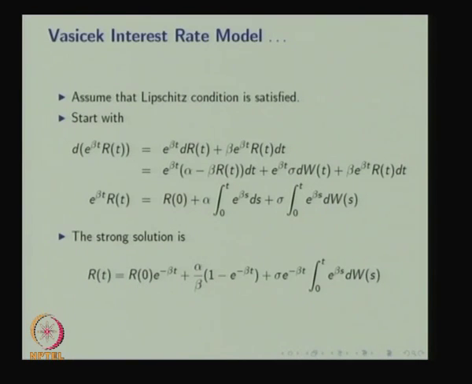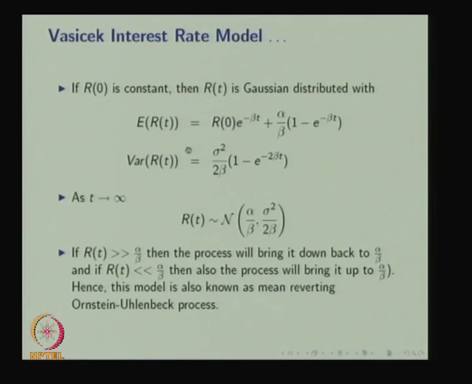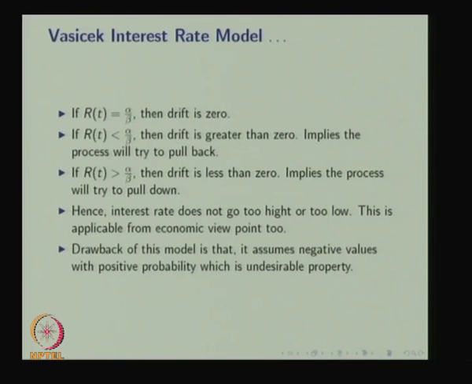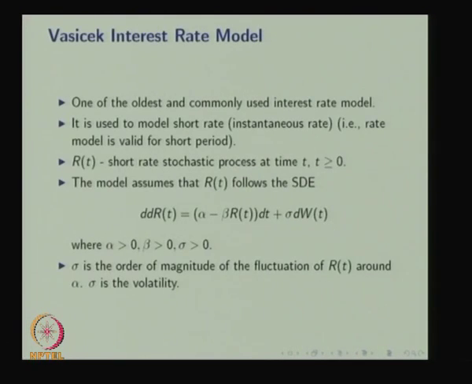Assume that the Lipschitz condition is satisfied. Here we are not going to use Ito's formula, but we are going to use the increment concept. The increment of e power beta t r t will have two terms, then substitute d r t from the stochastic differential equation.